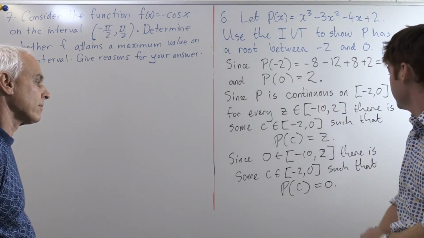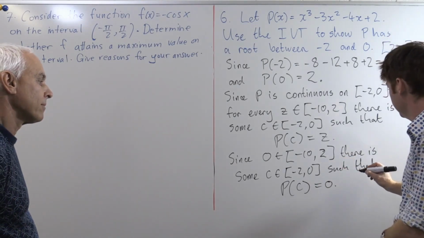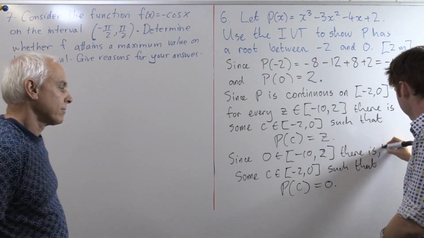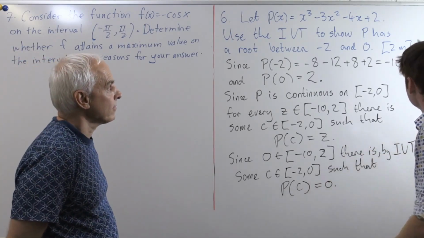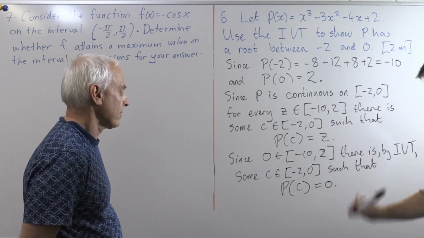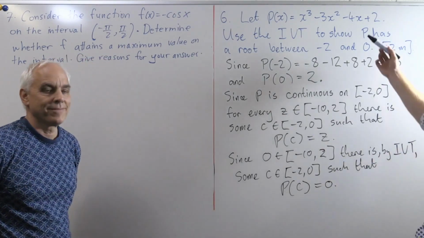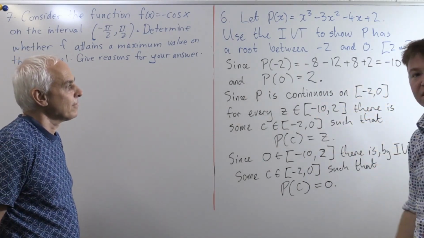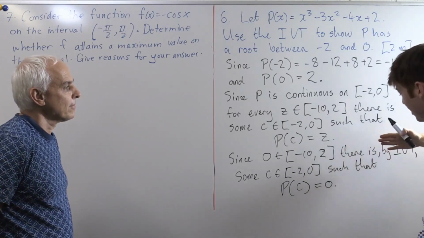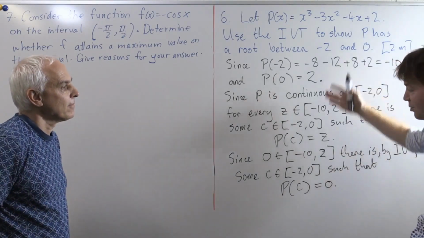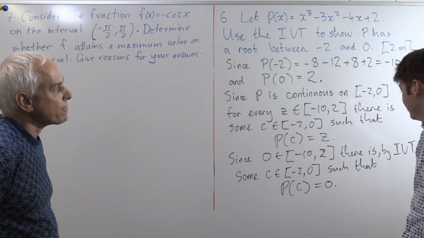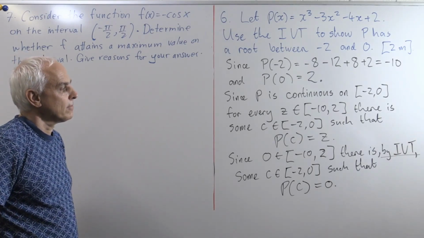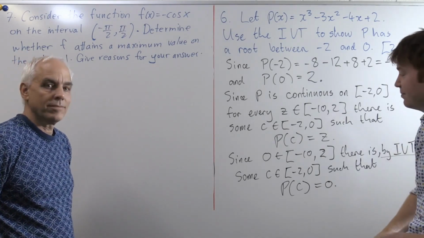I might say, since there is some c, there is, by the intermediate value theorem, since they told me to use the theorem, I better be very clear that I'm using it down here. Technically, this is the intermediate value theorem, so even if I forgot to call it that name, I've clearly used it, so I'm not too fussed about whether or not that was explicitly stated, but it's a good idea to let them know that I used the intermediate value theorem to do this.